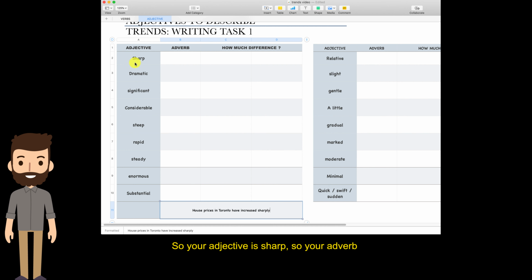So your adverb, which is the word that comes after your verb, in 2018. So now you have a bit more information. You've used a nice third form of the verb. You have an adverb to give it some more information. It's amazing. You show off your language that way.